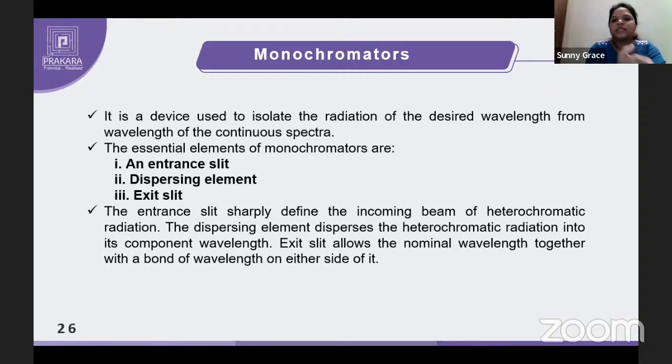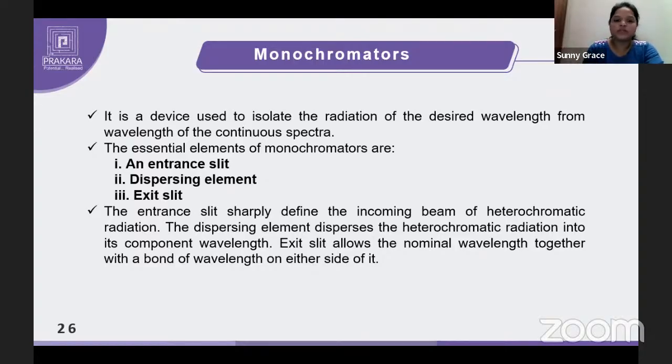The entrance slit defines the incoming heterochromatic radiation, the dispersing element will disperse the heterochromatic radiation into its component wavelengths, and the exit slit will send out whichever wavelength has been selected with the help of the wavelength selector.